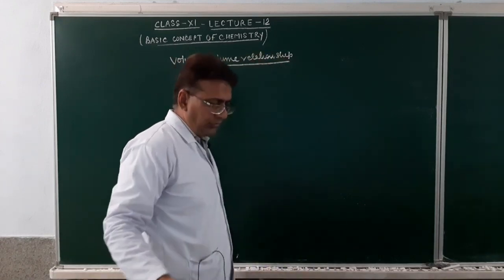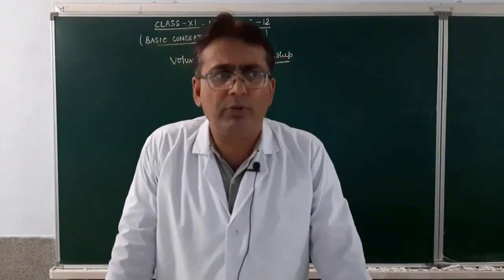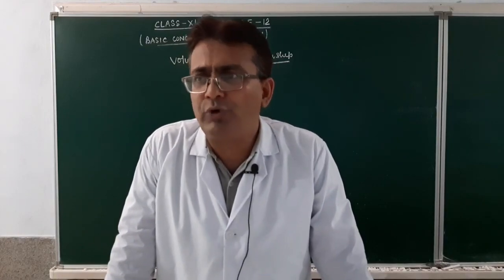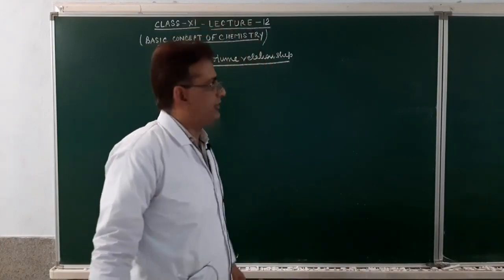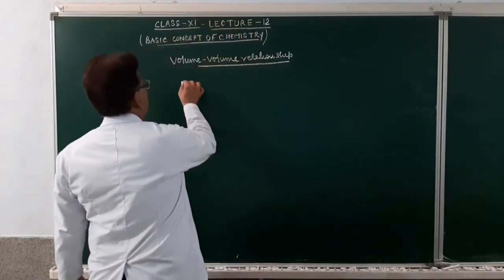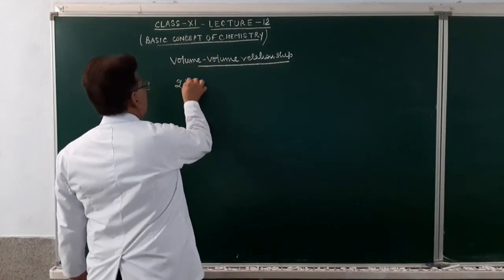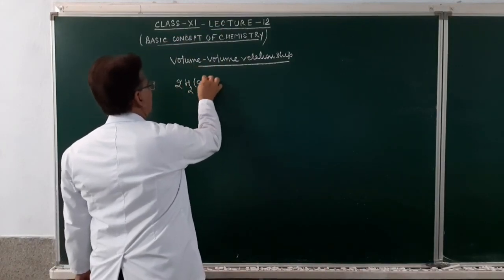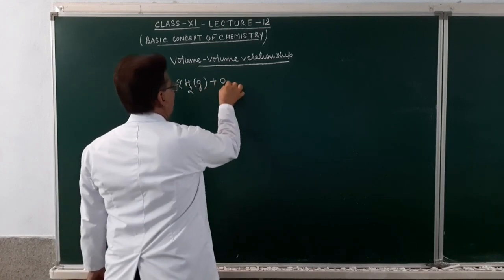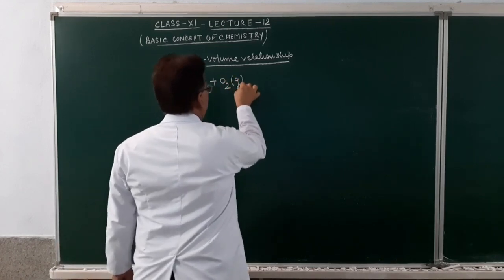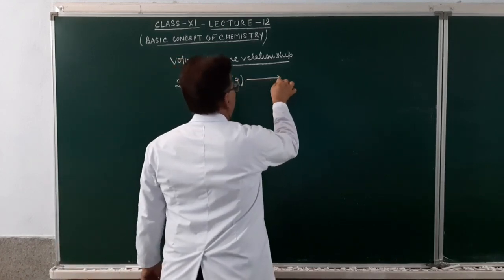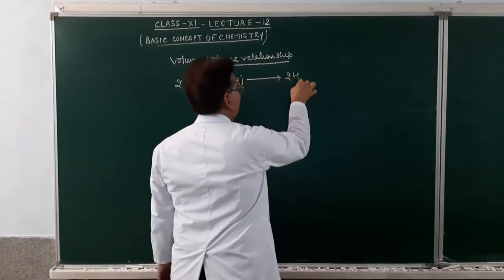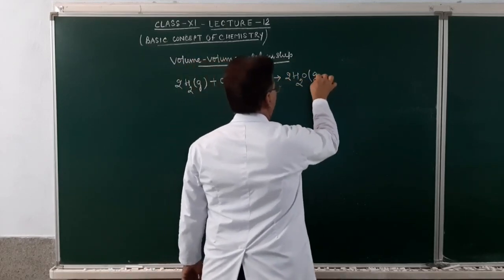In this case, from the volume of one reactant, the volume of product is to be calculated. As for example, if I again take this example, hydrogen in the form of a gas combines with oxygen in the form of a gas, it will result in the formation of water vapors, and this water vapor is in the form of a gas.